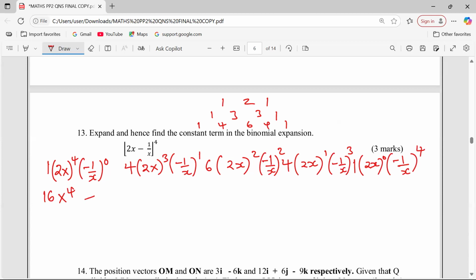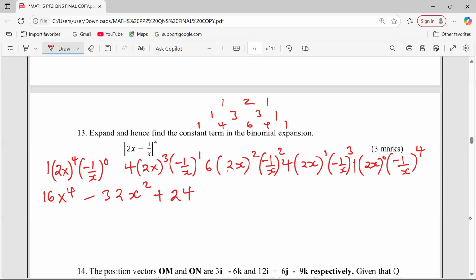Then we will have minus 2 power 3 is 8. 8 times 4 is 32. x is power 3, but now we are multiplying again by 1 over x, because negative 1 over x raised to 1 remains the way it is. That's why we are starting with a negative, actually. So the x there will cancel 1x, and instead of power 3, it becomes power 2. Plus, the other term shall be 2 power 2 is 4. Then times 6 is 24.